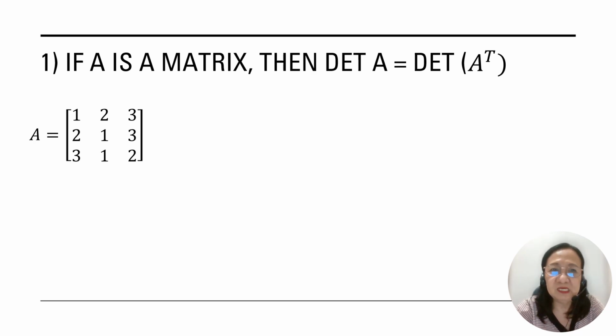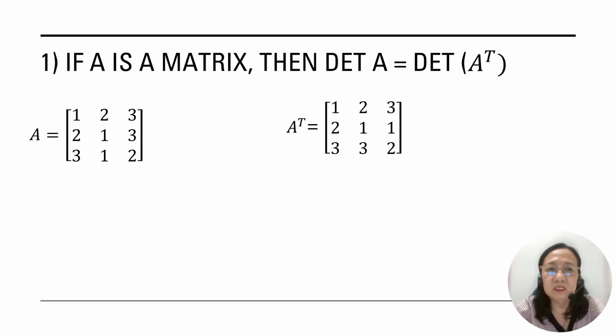Let us prove this. So if we have our given matrix A with entries 1, 2, 3, 2, 1, 3, and 3, 1, 2, and its transpose, let me show you.